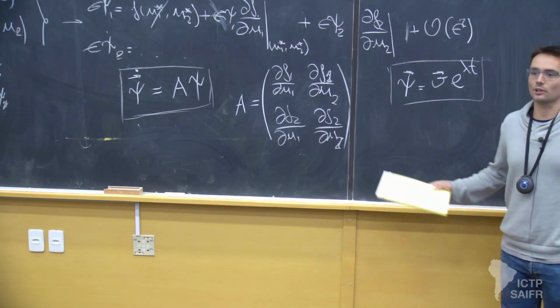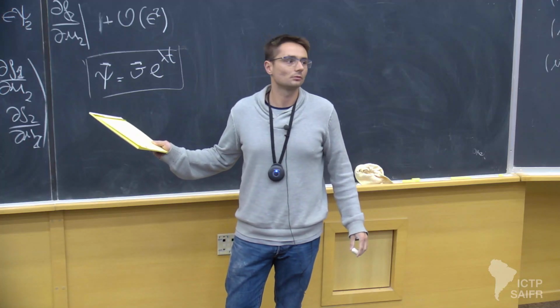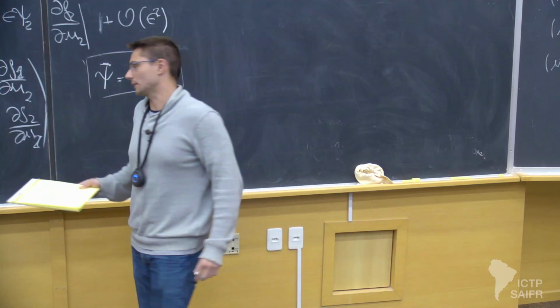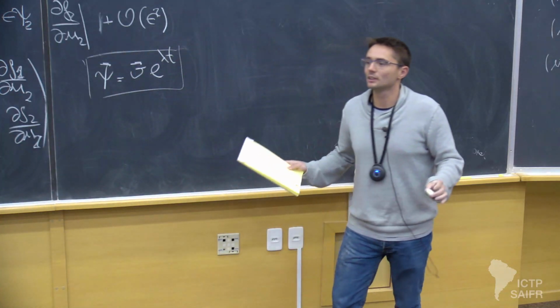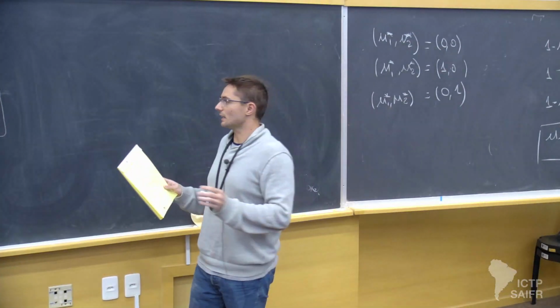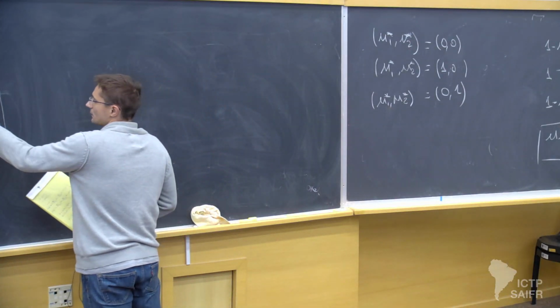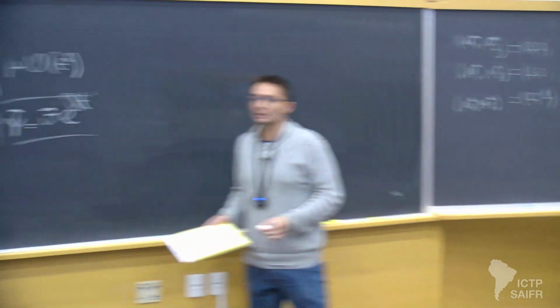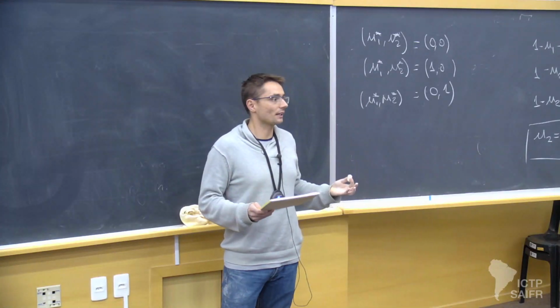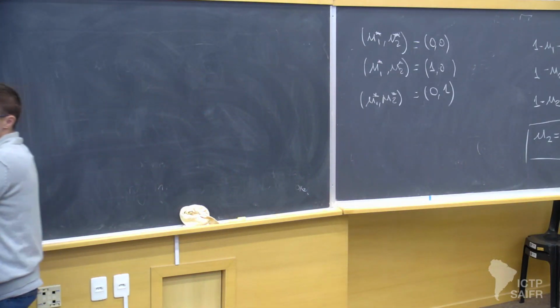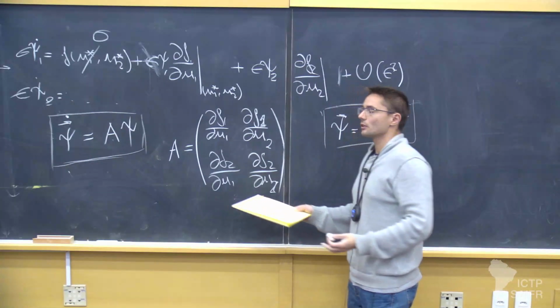So how many of you know this? All right. So then at the end, you get that basically the solution is a combination of exponentials in which the rate of each exponential is going to be the eigenvalues of this matrix. Okay?